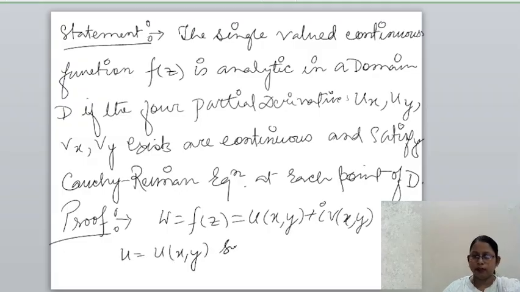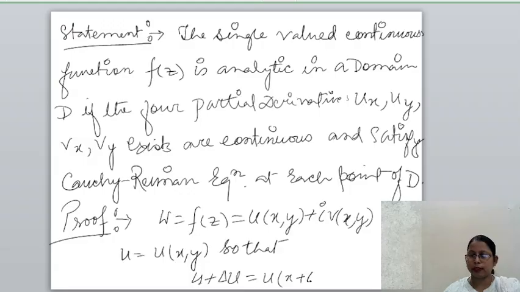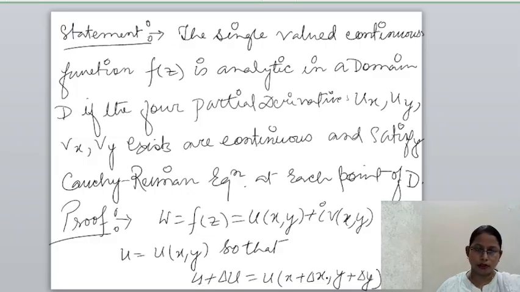If we give a small increment to x, delta x, and to y, delta y, then delta u is equal to u plus delta u minus u, that is, this minus this one.